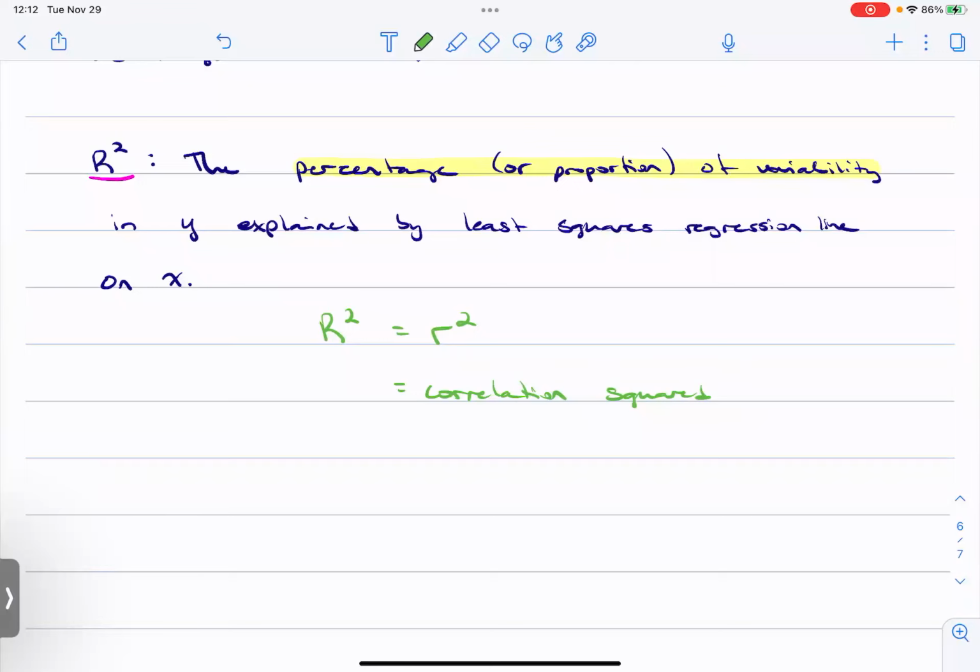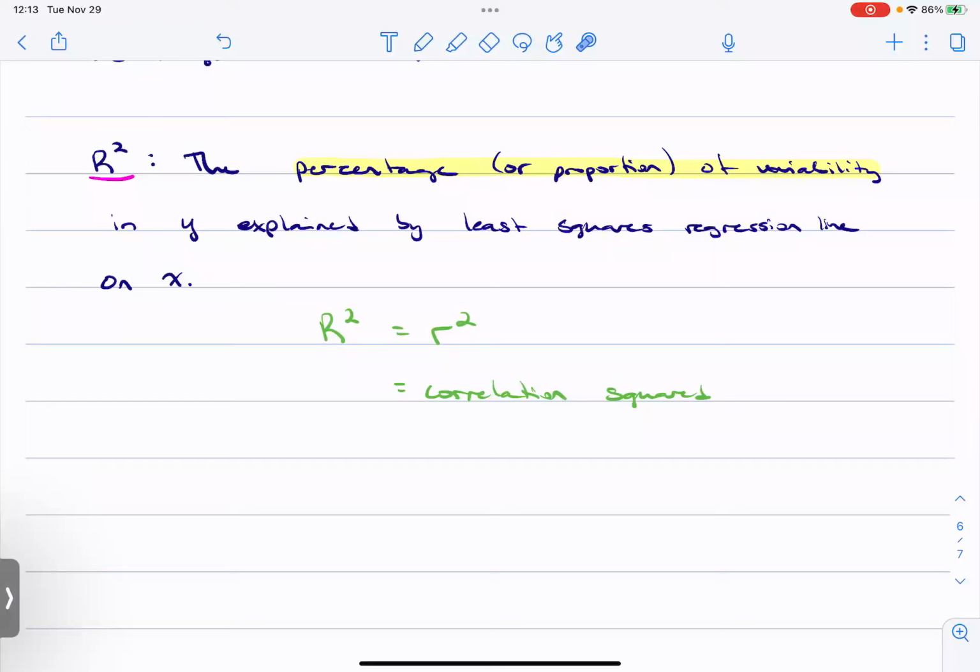So if you have the correlation, which we do in this case, then I can square it and I have my R squared. R squared is either a percentage, then you'd multiply it by 100, or a proportion, you can leave it as is.